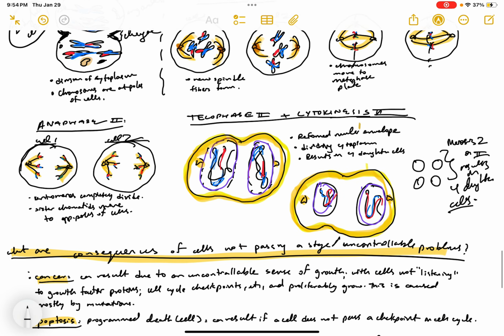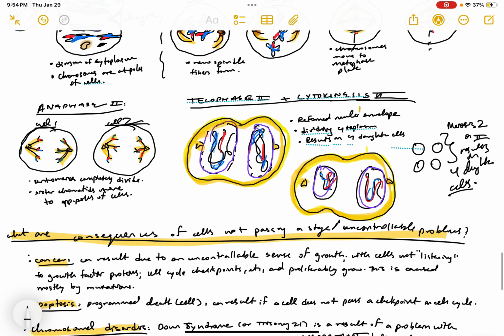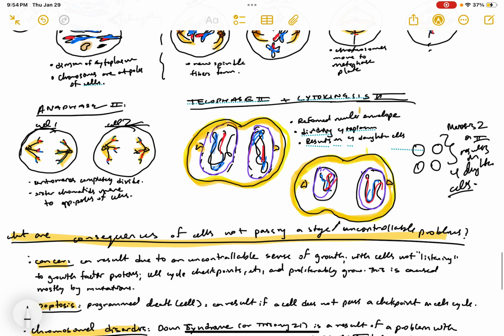Now, let's talk about the consequences of cells not passing these stages or having problems with proliferation control, or uncontrollable factors that occur through the passing of these stages within the cell cycle. Several things can result. Firstly, cancer. Cancer can result due to an uncontrollable sense of growth, with cells not listening to growth factor proteins.